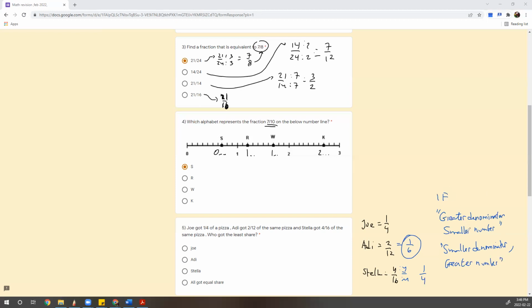If the numerators are equal, so every numerator is 1, right? If the numerators are equal. Okay, any questions so far?